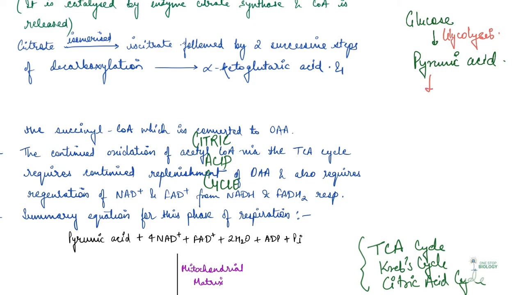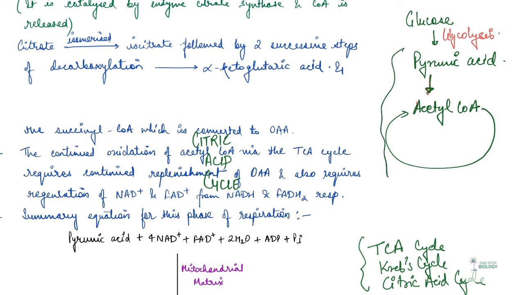So this is broken down into pyruvic acid. This basically forms acetyl coenzyme A and it goes into a cycle, right? So this complete is what? Aerobic respiration.